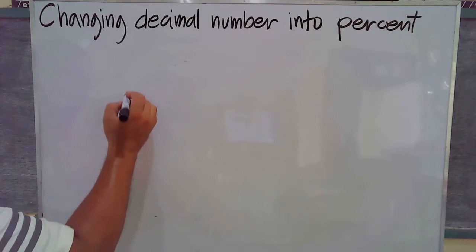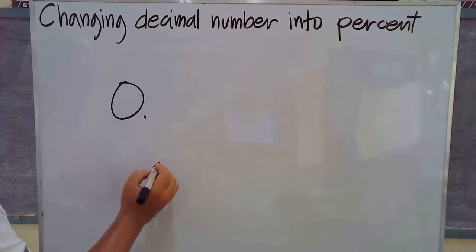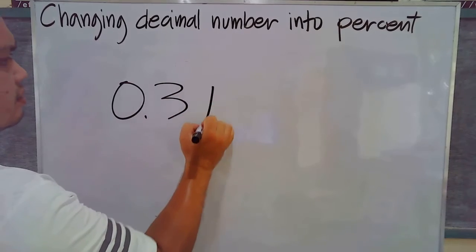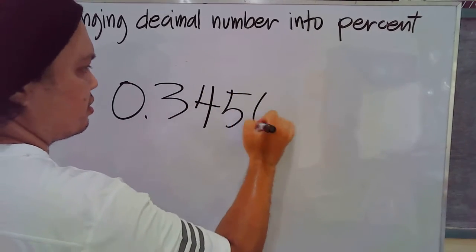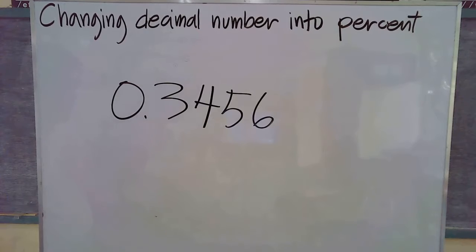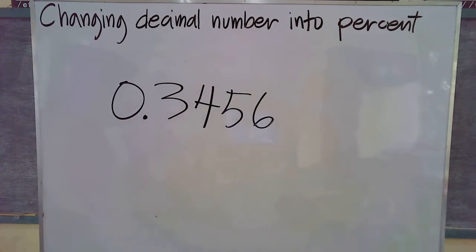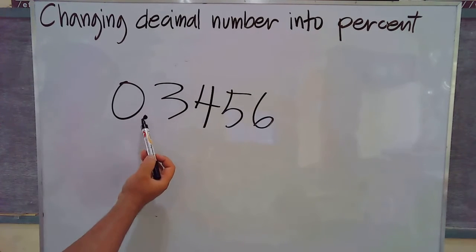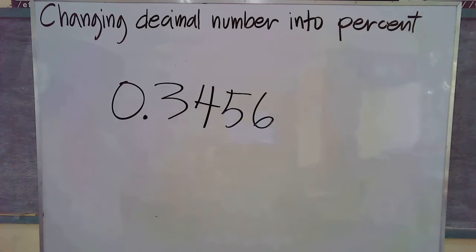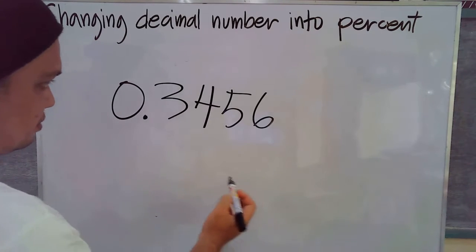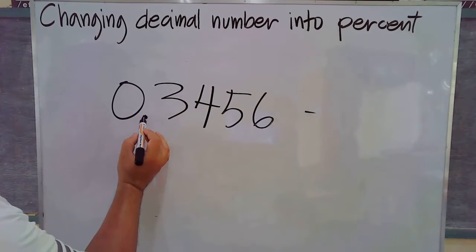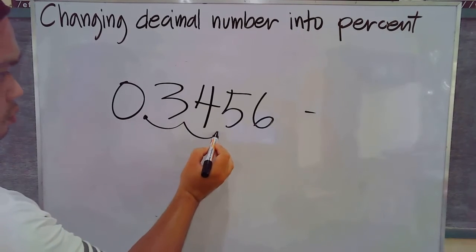Okay? So let's have some more examples. How about if we have a 4-digit decimal number, and we want to change this into percent. The same method, the same procedure: just move the decimal point 2 steps to the right. From here, 1, 2.